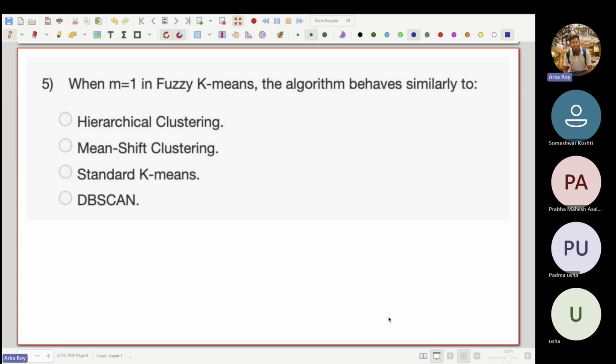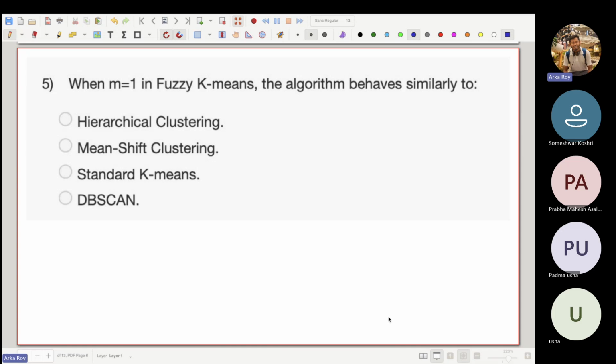So this is what fuzzy k-means clustering basically means. Now the question is, when m is equal to 1, how does fuzzy k-means clustering behave? When m equals 1, your fuzzy k-means clustering becomes a standard k-means clustering, because in standard k-means clustering we didn't have any m operator, which introduced the uncertainty property.